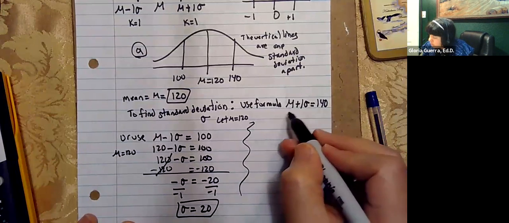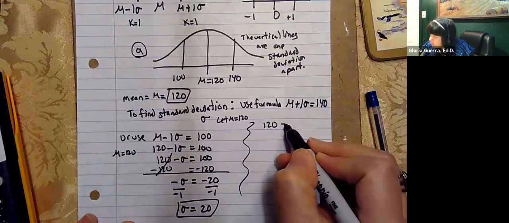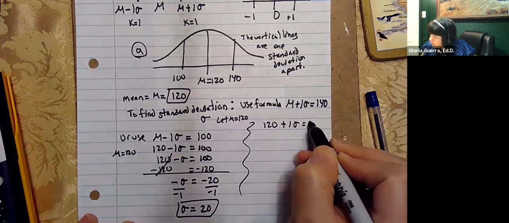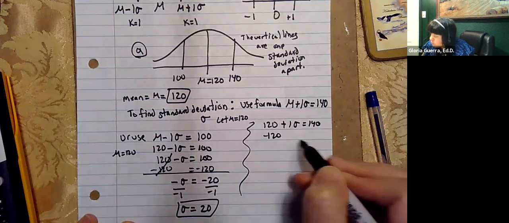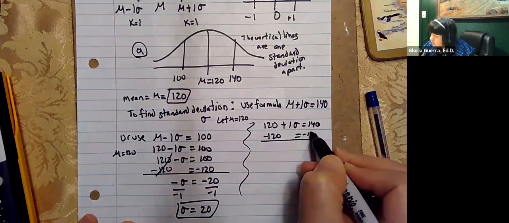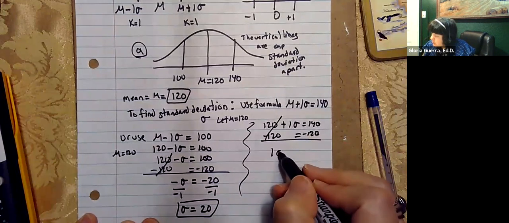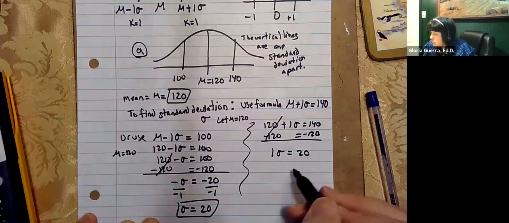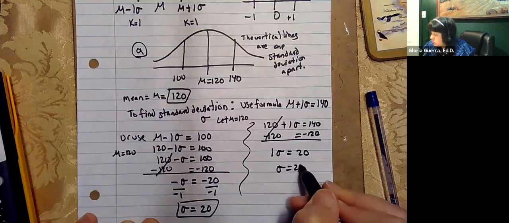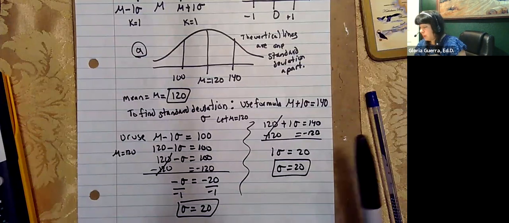If I let mu be 120, I have 120 plus 1 times sigma equals 140. Then I subtract 120 on both sides, so this falls out. So I have 1 times sigma equals 140 minus 120, which is 20. And so sigma is just equal to 20. That's what sigma equals for part A.